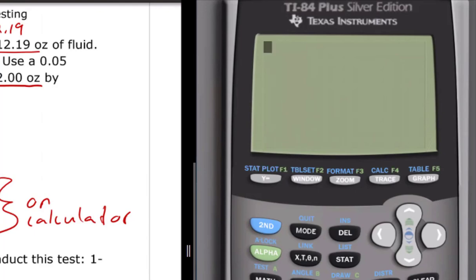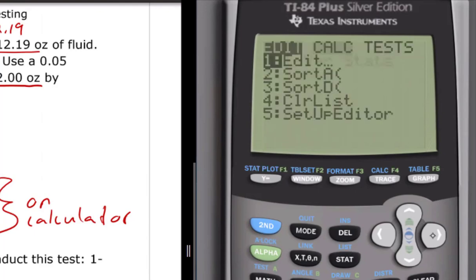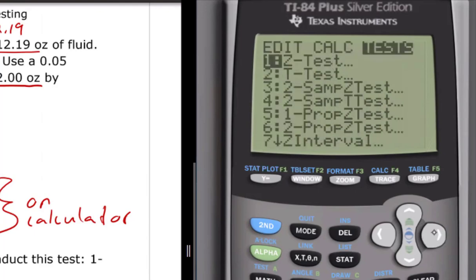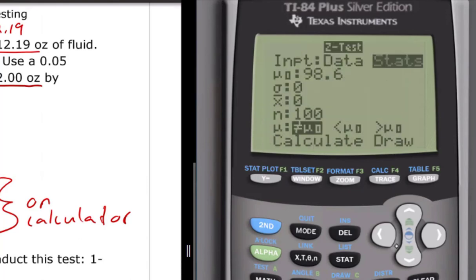We have stat, go over to the test menu. Z-test is actually the very first calculator function under the test, so I want to hit that. And then up at the top where it says input, I don't have the data of the 36 cans. I don't have the ounces in every one of the 36 cans of Coke, so we don't need to use the data. Let's use the summary stats instead. And then we go down to the mean.